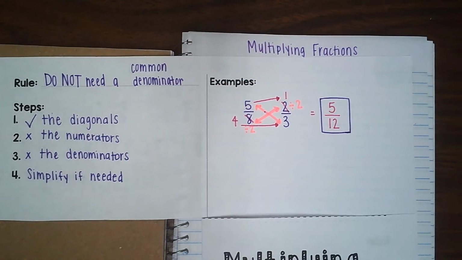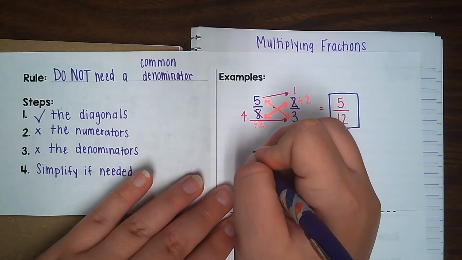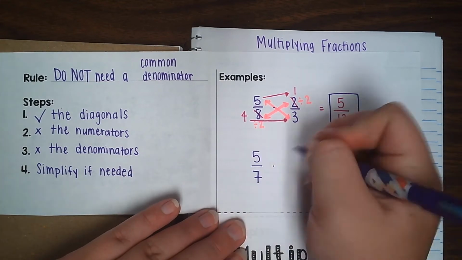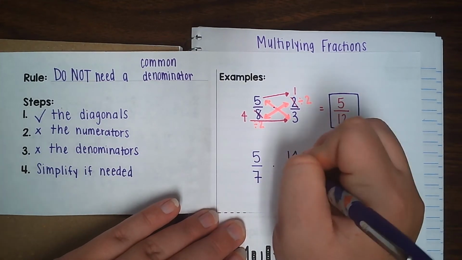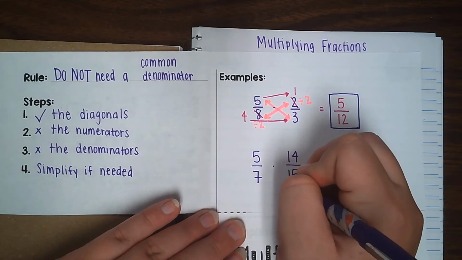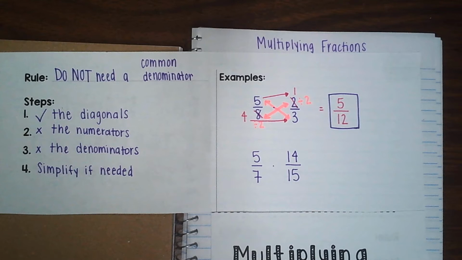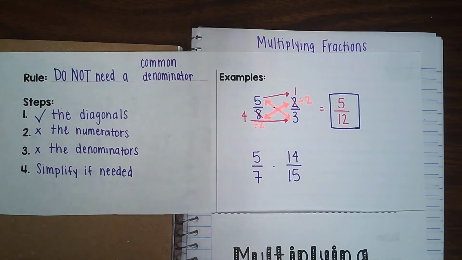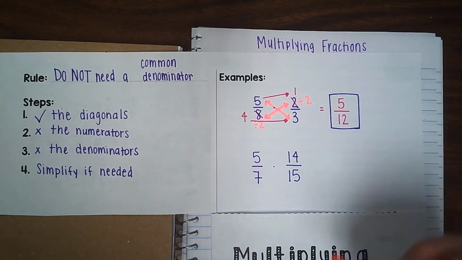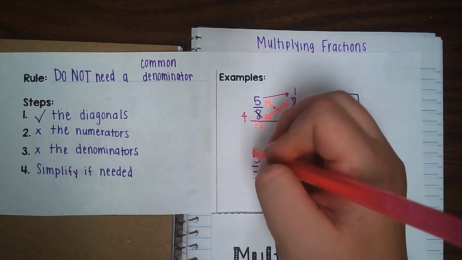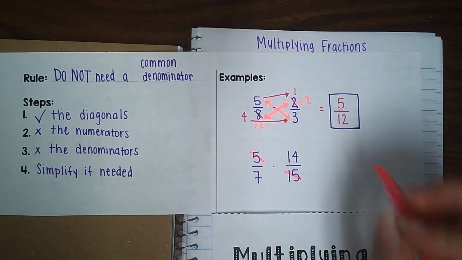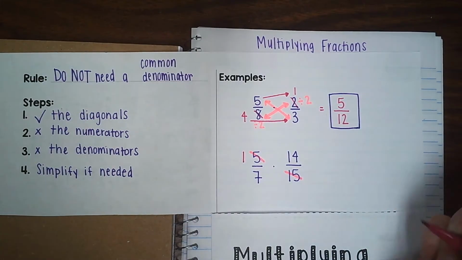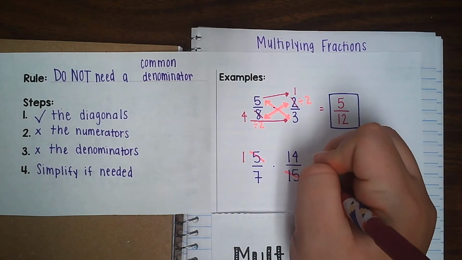Let's try another one of those. Let's do 5/7 times 14/15. Again, I want to check my diagonals. Do 5 and 15 have anything in common? Yes, I can divide both of these by 5. So I can say 5 divided by 5 is 1, and 15 divided by 5 is 3.